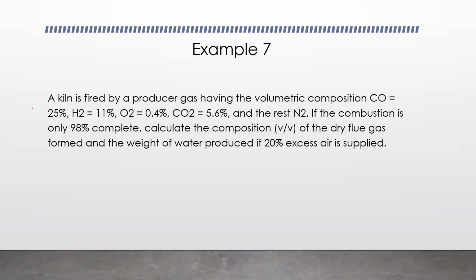Okay, so let's try to solve this problem. We have our kiln. Since it is volumetric composition, that is mole percent, the basis is going to be 100 kilomole of producer gas.